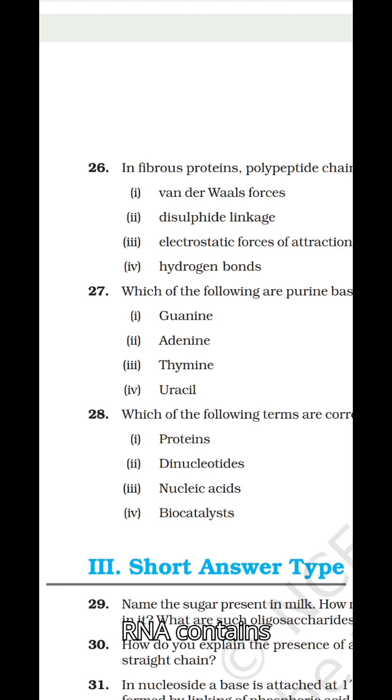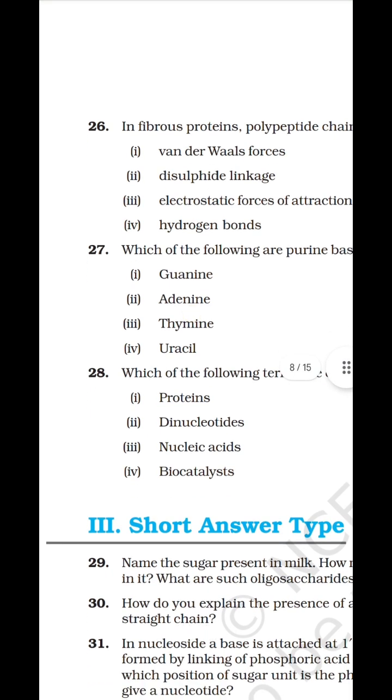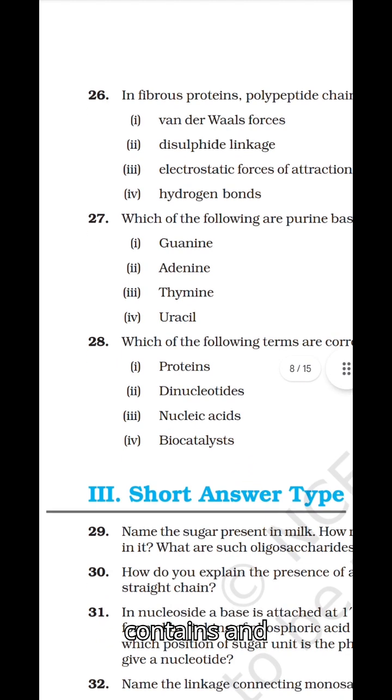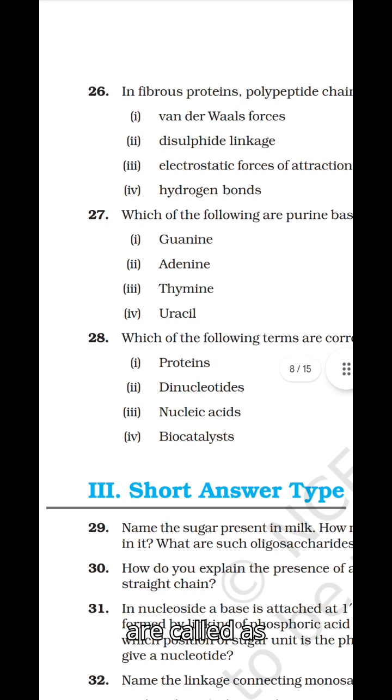So RNA contains the pyrimidine uracil, while DNA contains the pyrimidine thymine. This is also a fundamental difference between deoxyribonucleic acid, DNA, and ribonucleic acid, RNA. Both cytosine and uracil are called pyrimidines.